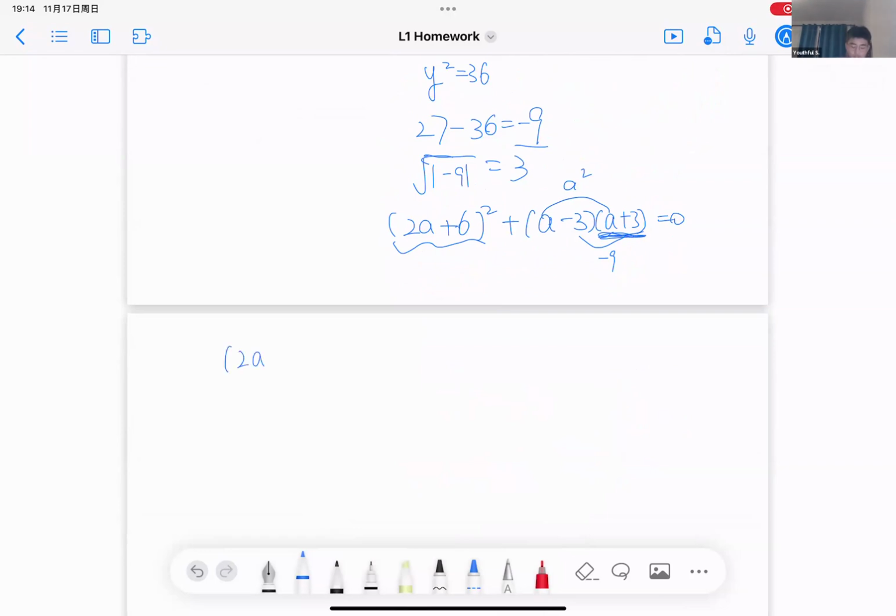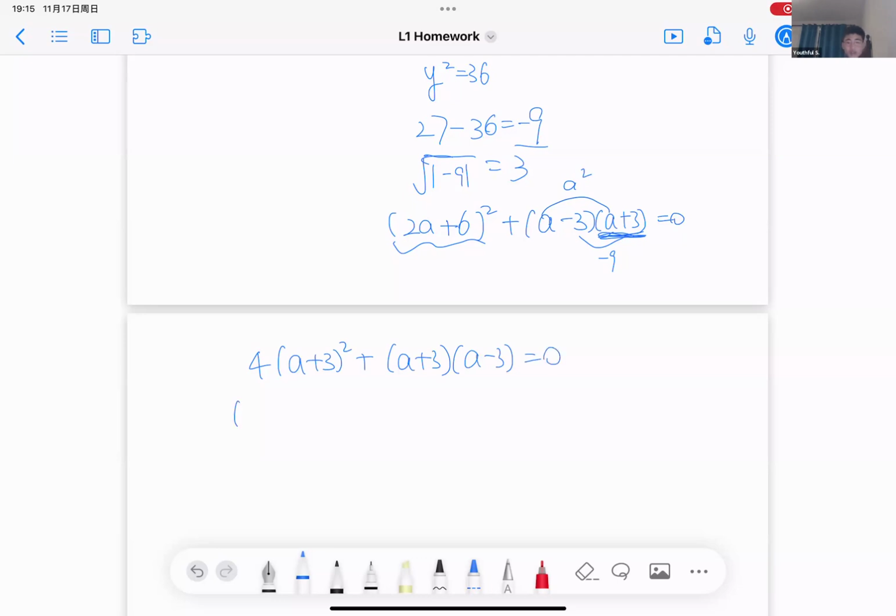So let's just do the factorization. We can factor out 4, which is 2 squared, because it's basically 2 times (a plus 3) times 2 times (a plus 3). So we can factor out a 2 squared, which is 4, times (a plus 3) squared, plus (a plus 3) times (a minus 3) equals 0.